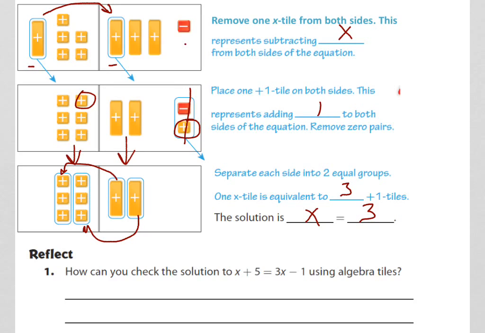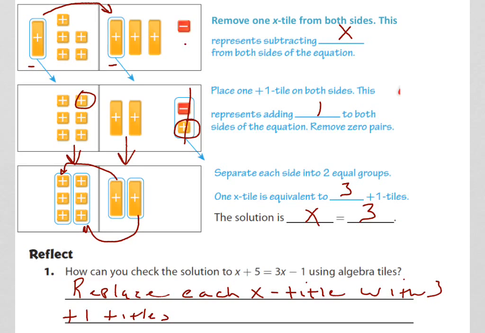Alright, so let's see what you have. So if we want to use the tiles to check it, what we want to do is replace each x tile with 3 plus 1 tiles.